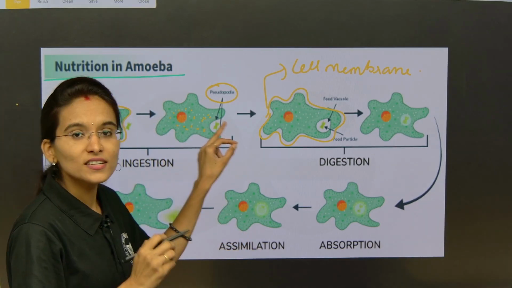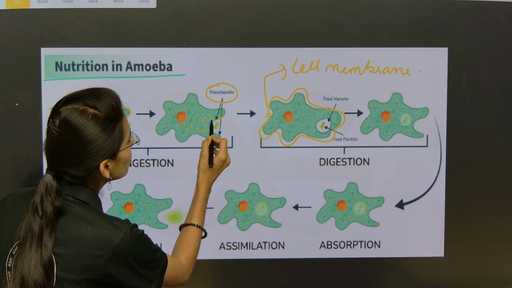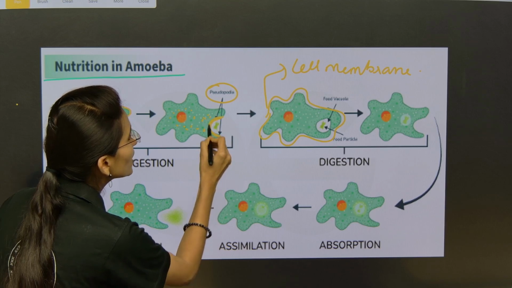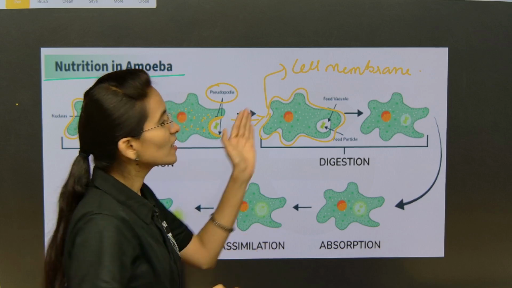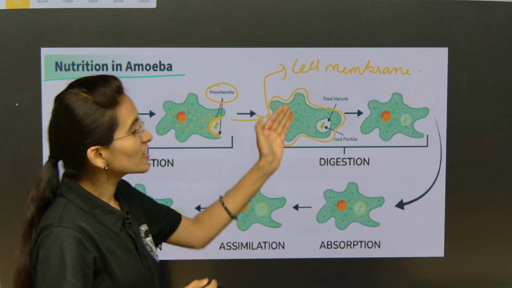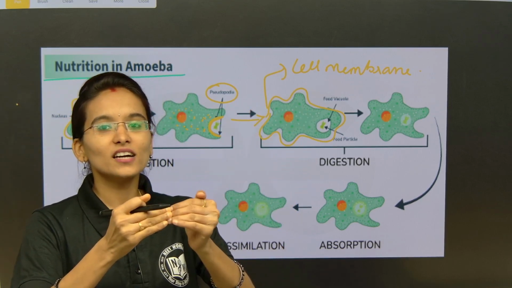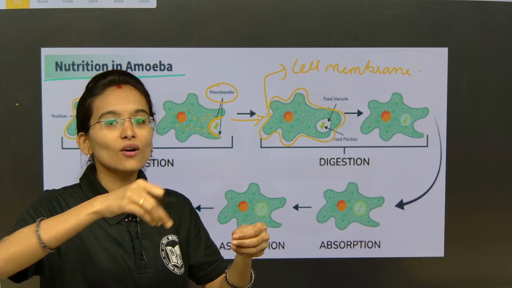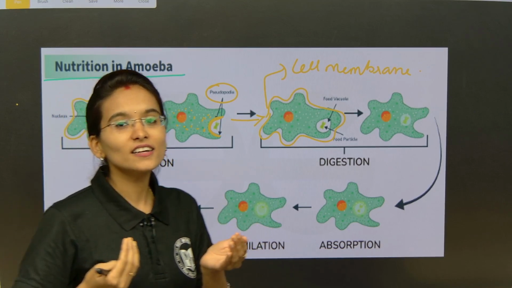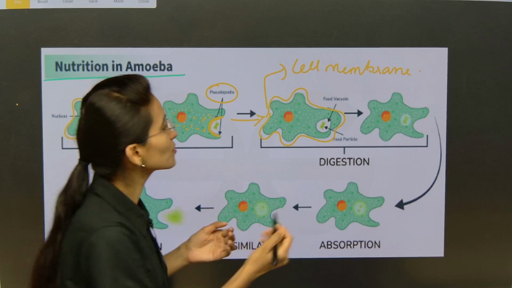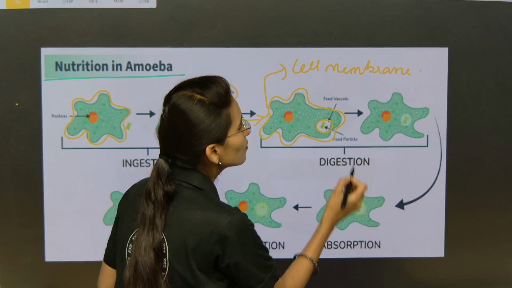This is the first stage where it forms the pseudopodia and the invagination starts. In the next stage, it completely surrounds the food particles, takes them inside the organism, and later creates a circular-shaped vacuole.